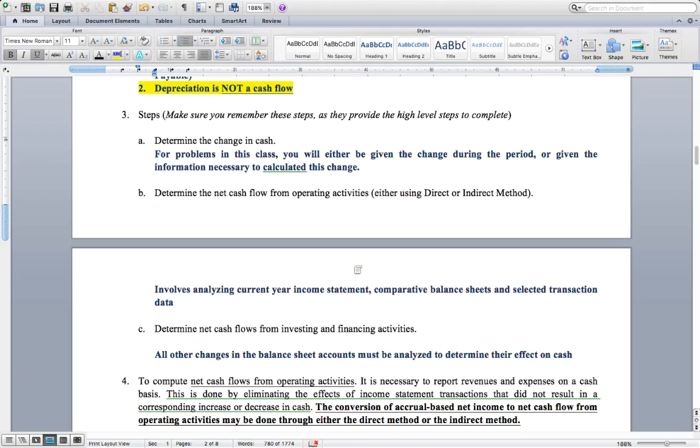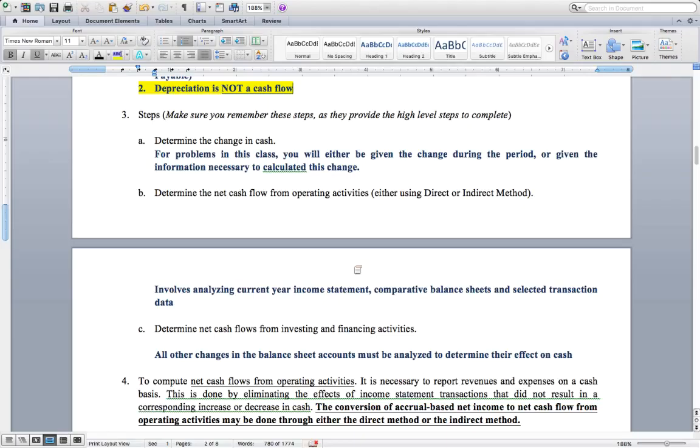Determining the change in cash. One thing, when we get to an example, you'll see when you use the indirect method for net cash flows from operating activities and then you do investing activities and financing activities, the end result of cash flows will be the difference between what you started the year with and what you ended the year with in your cash balance.